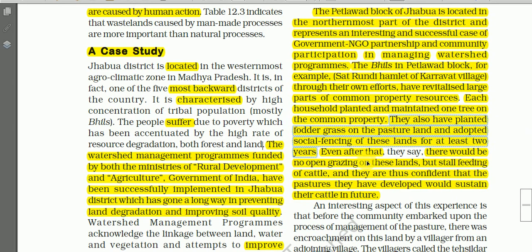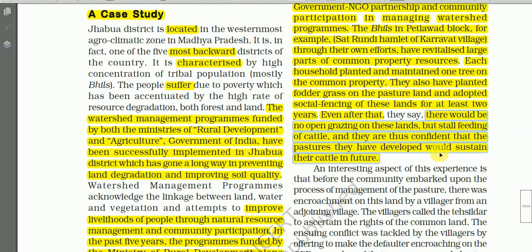Even after that, there would be no open grazing on these lands, but stall feeding of cattle is done.